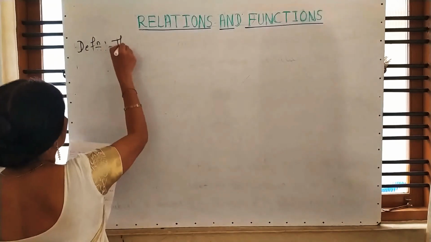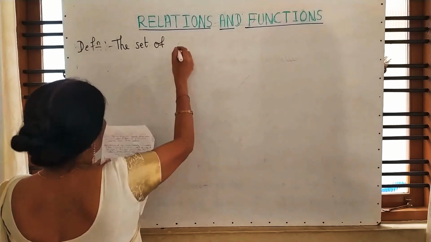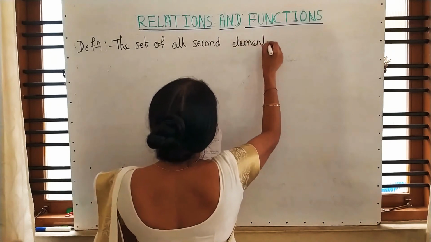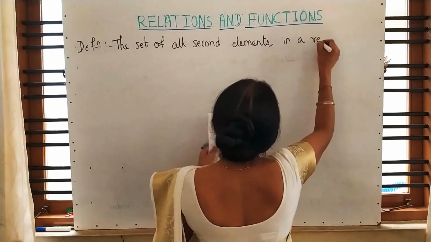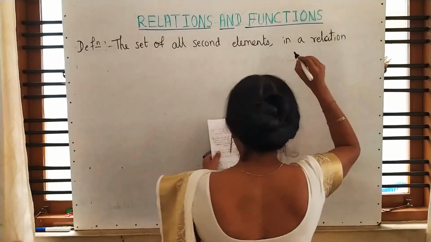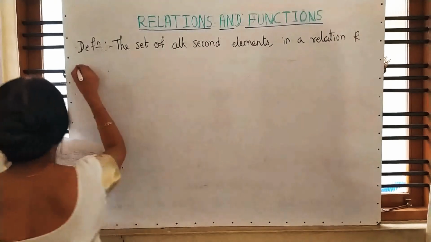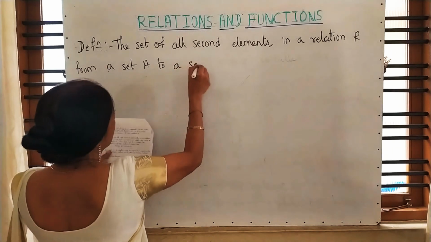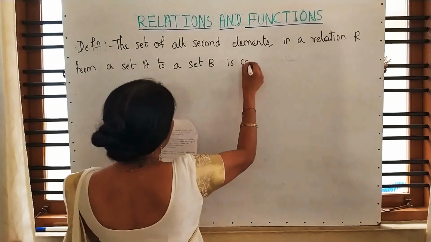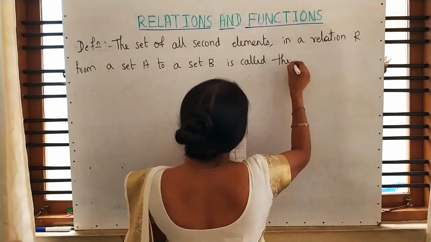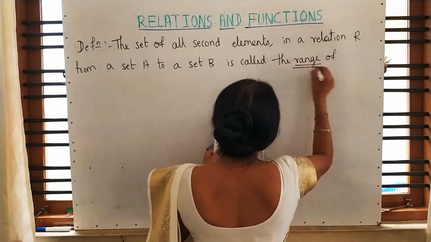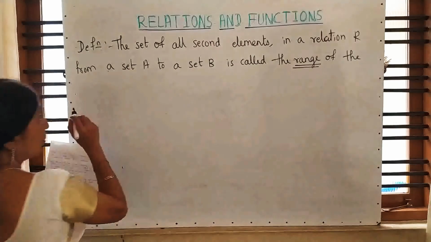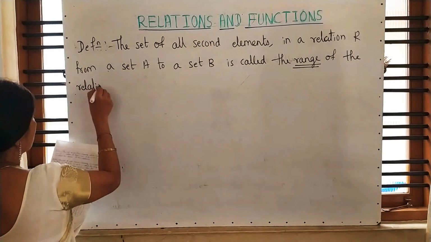The set of all second elements in a relation R from a set A to a set B is called the range of the relation R. Mark this: in the previous one, the first elements are called the domain; the second elements are called the range of the relation R.